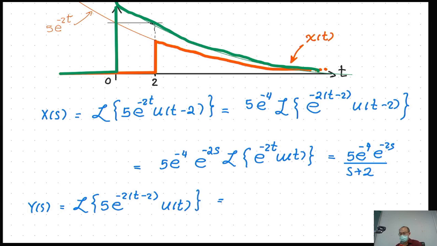That's because for y, we can take the 2 out of the exponent terms to get 5 e to the 4th and the Laplace transform of e to the negative 2t u(t).